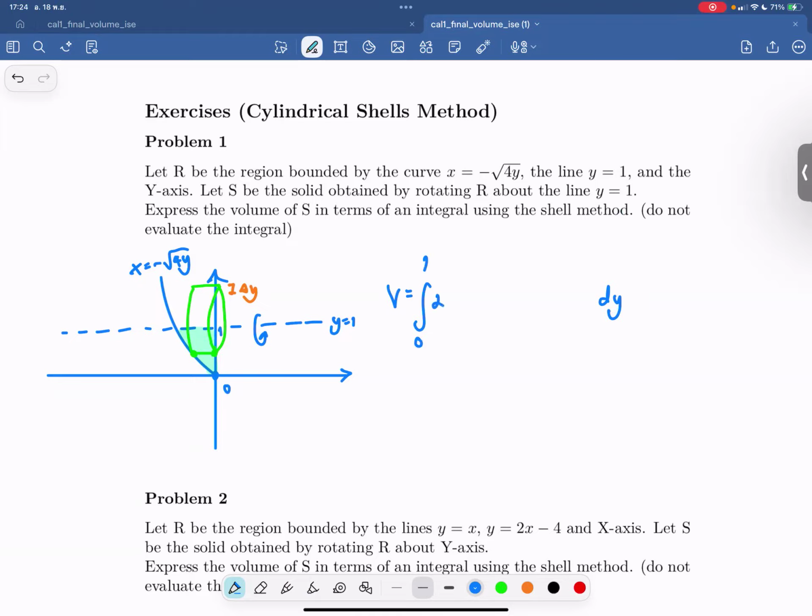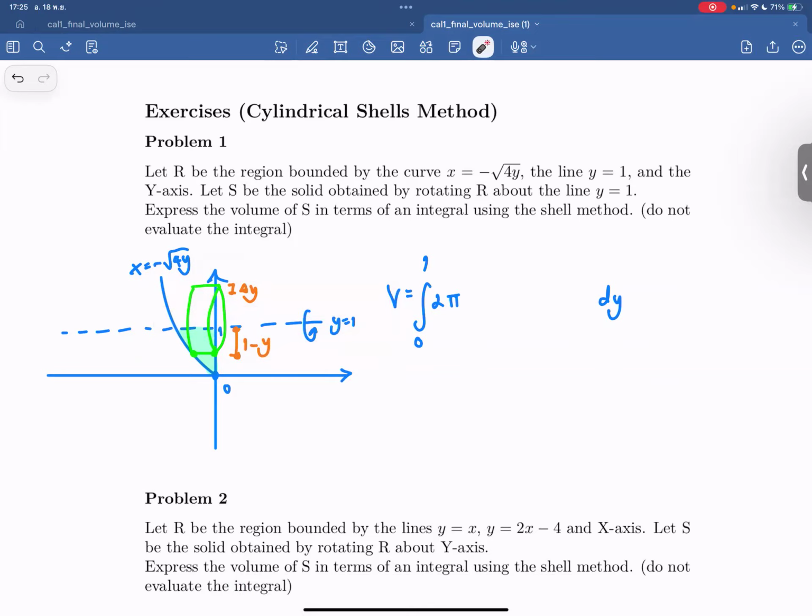And next we have to find our radius and the height to put in the formula. The radius should be 1 minus y. Be careful over here because the radius is not y but 1 minus y.